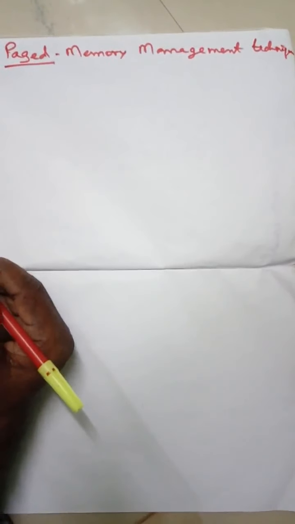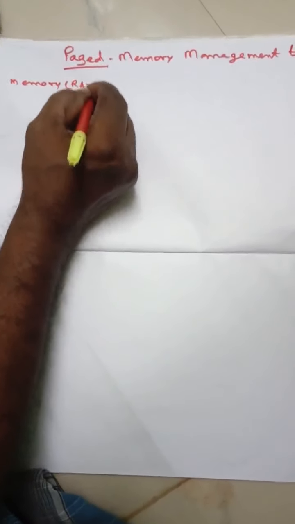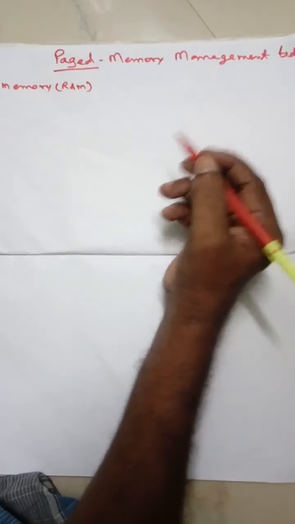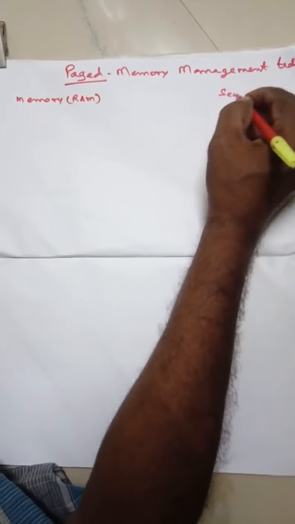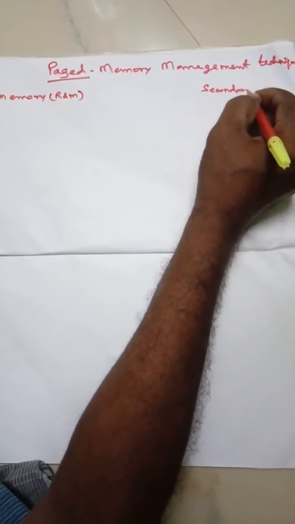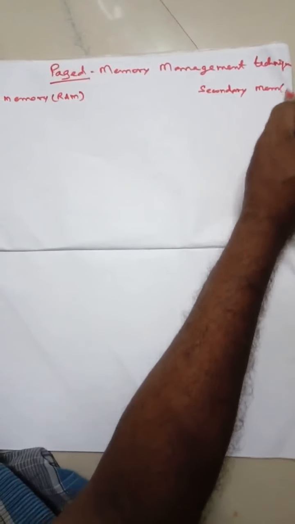we have to understand two things: the memory, that is RAM. Another one, secondary memory, that is hard disk.